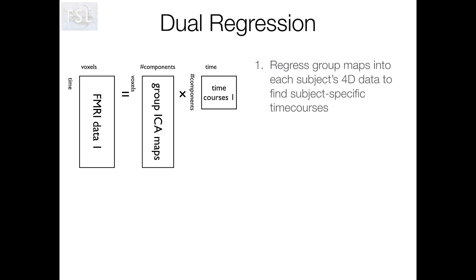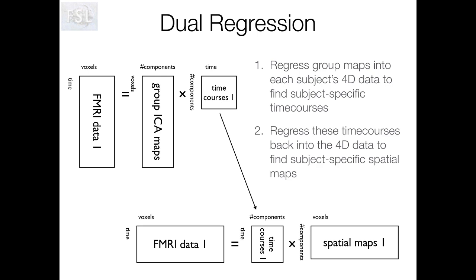So here's another way to look at how dual regression works. In the first stage, we have the subject-specific fMRI data, and we have the group ICA components, and we do a spatial regression to solve for the subject-specific time courses. Then in the second stage, we again start with the subject's fMRI data, but now we have the subject-specific time courses, and we perform a second temporal regression to solve for the subject-specific spatial maps.